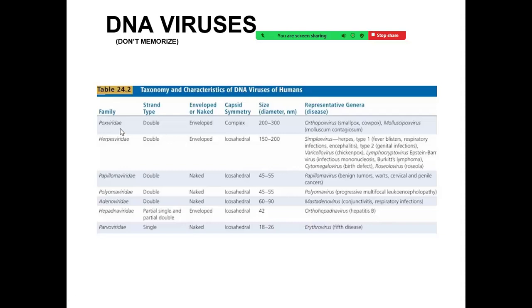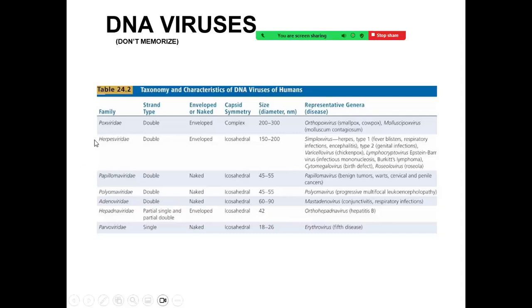We will talk a little bit about poxviridae, because that's the family of DNA viruses that smallpox is a member of. And we've already talked about the herpes family of viruses.